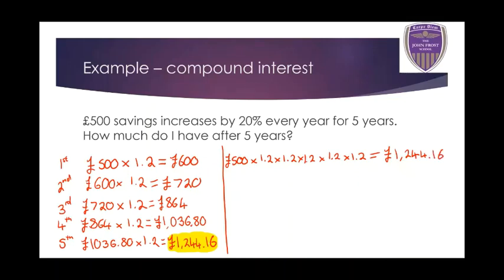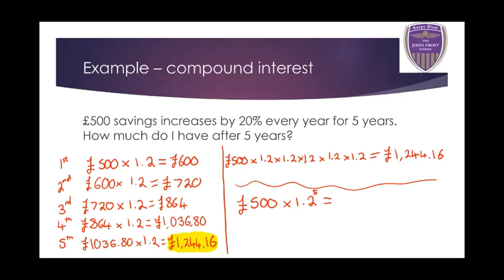And if you type that into your calculator, you would get £1,244.16. But there's an even easier way of writing this out. Okay, so it's a slightly less long-winded way, but there's an even easier way, and that would just be £500 times 1.2, and because we're timesing it by 1.2 5 times, we put 1.2 to the power of 5.